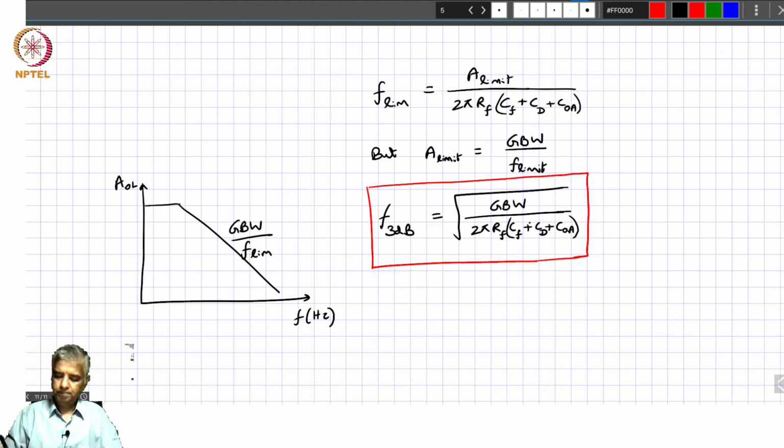Let's say you can actually reduce the diode capacitance by having a larger bias across the diode, right?